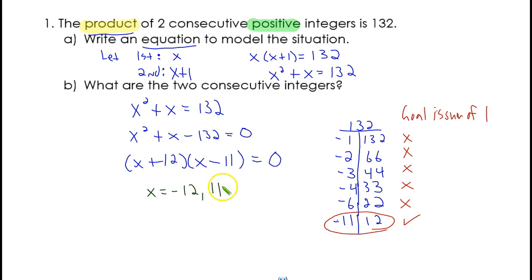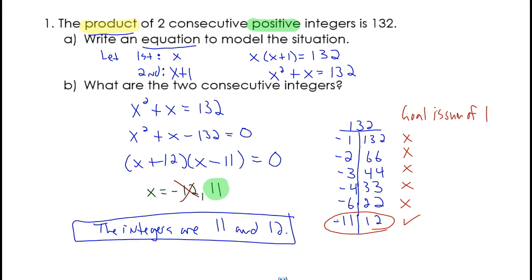Well, one of these integers is positive and the other is not, so I'm going to have to go with the positive integer and use that one. The other one just is not going to work because it's not positive. So, what are the two consecutive integers? Well, the integers are 11 and the next number after that, 12. So we'll say 11 and 12.